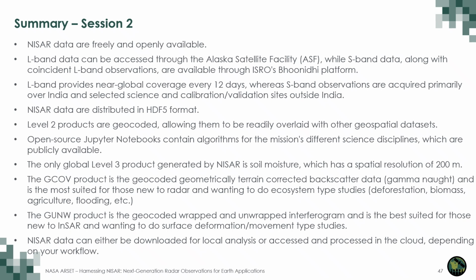So for example, deforestation, biomass, agriculture, flooding, etc. The GUNW product is a geocoded wrapped and unwrapped interferogram, and it is the best suited data set for those new to InSAR and wanting to do surface deformation or movement type studies. And finally, NISAR data can either be downloaded for local analysis or accessed and processed in the cloud, depending on your workflow.